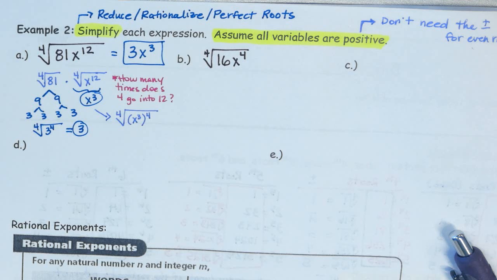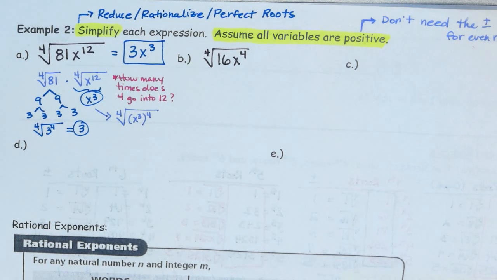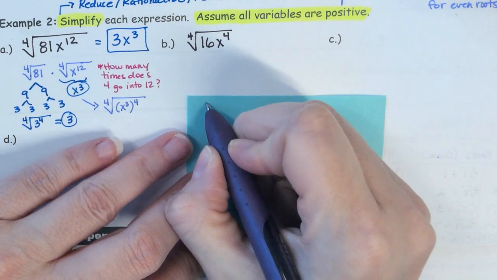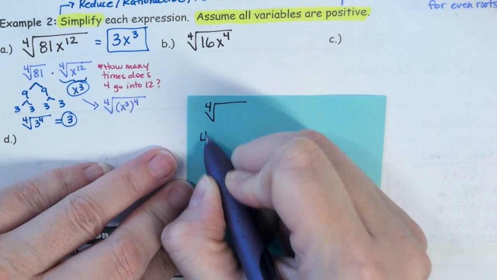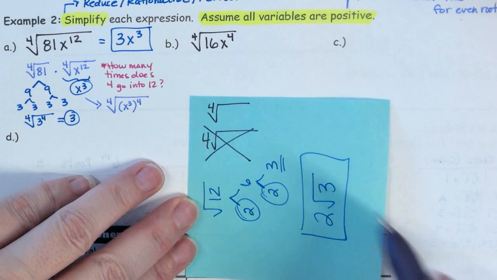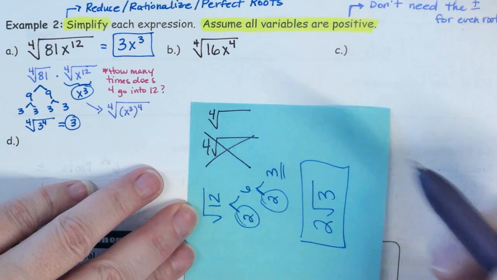I'm looking around and a lot of you are, so that's excellent. Sometimes people get a little crazy when it has to do with the index, and they start writing it like this. Don't do that. Okay, so it has to be a small number there. Like I said, it looks like you guys are doing a good job for the ones that I checked. So you do have to write the fourth root like this. It's not this. This means 4 times the square root. That's your no-no.